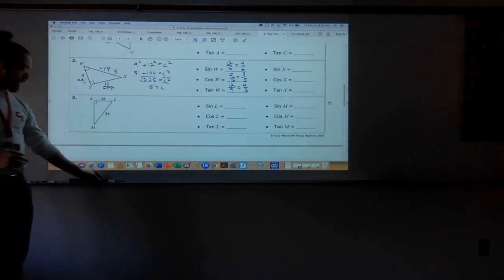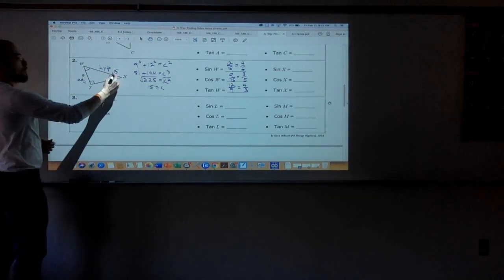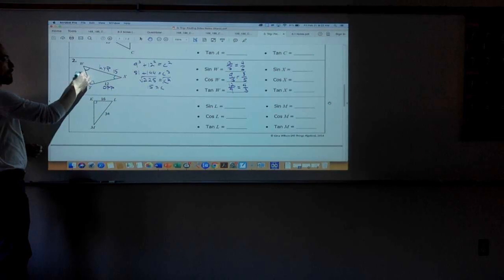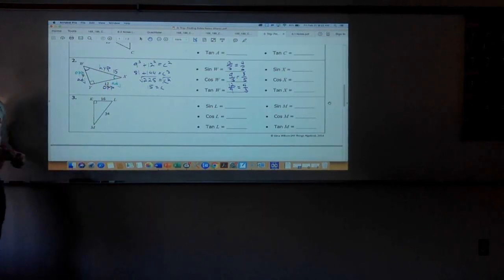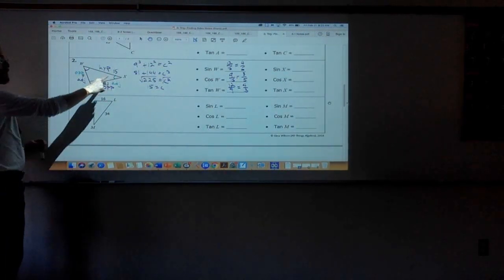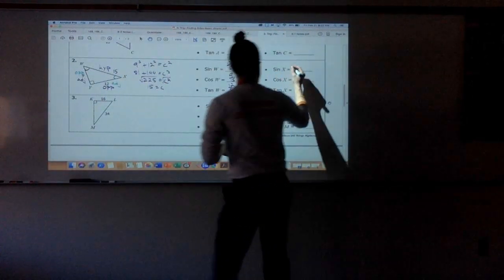Then for our three trig functions of x, we want to do the same thing. With respect to x, this is now the opposite side. This is the adjacent side. So the sine of x, opposite over hypotenuse, is 9 over 15.